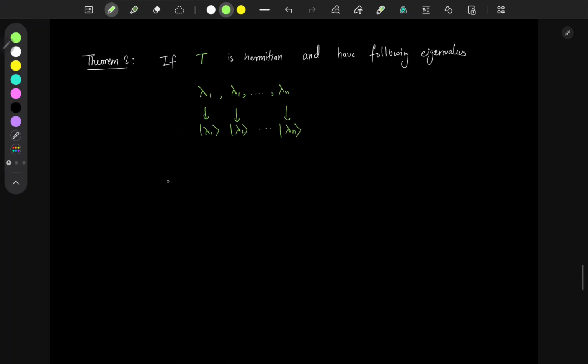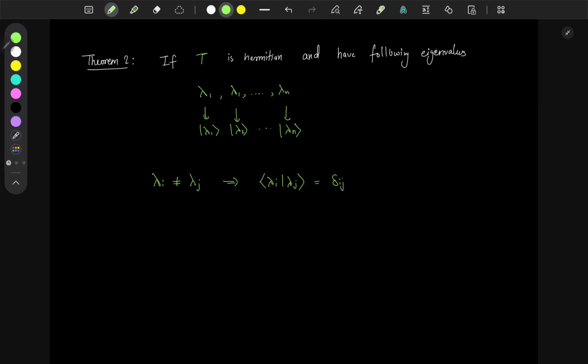then the following thing holds: if lambda i is not equal to lambda j, then the inner product of lambda i and lambda j, the vectors corresponding to lambda i and lambda j, is 0.